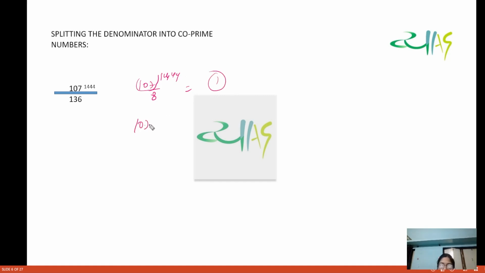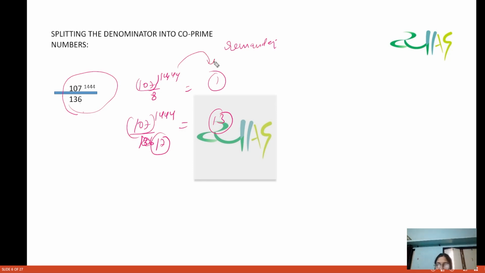And when I did it divided by 17, I got 13 as remainder. So the remainder for this number will be such that it satisfies this condition also and this condition also.